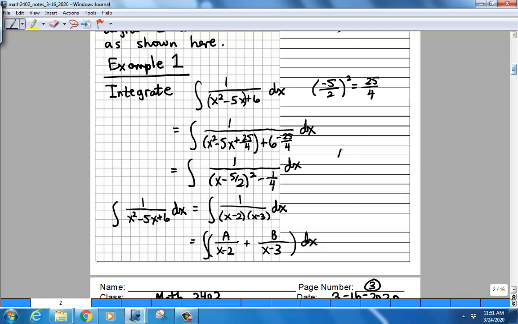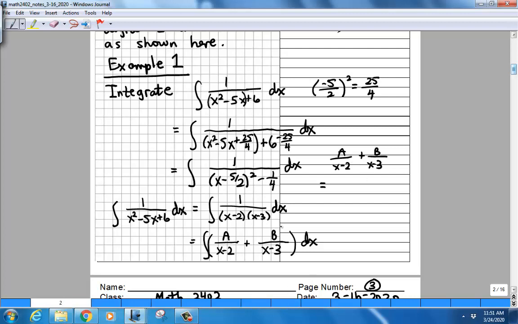I want to take a over x minus 2 and add to that b over x minus 3. When I'm finished with that, of course, I want to get 1 over x minus 2 times x minus 3. So let's keep that in mind: when I add these two fractions together, this is what I'm supposed to get as the sum.